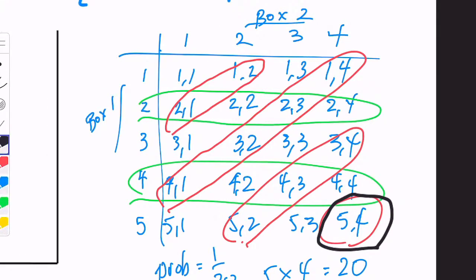So notice A is 40% and B is 50% of the time. However, if I'm in A, the green, so ignore the rest, just these outcomes here.